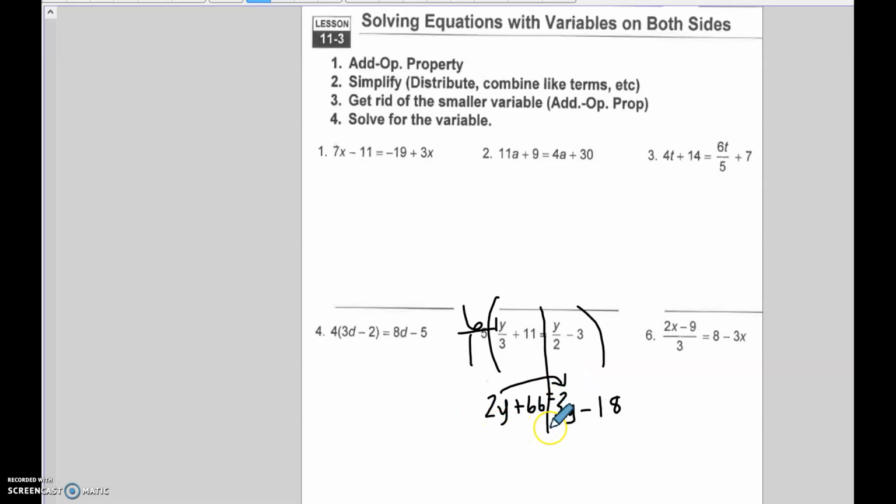So that would become minus 2y. And it would cancel out on this side. Okay, and then I got to make sure that I move this minus 18 to the opposite side. I want to move them away from each other. So minus 18 becomes plus 18, inverse.